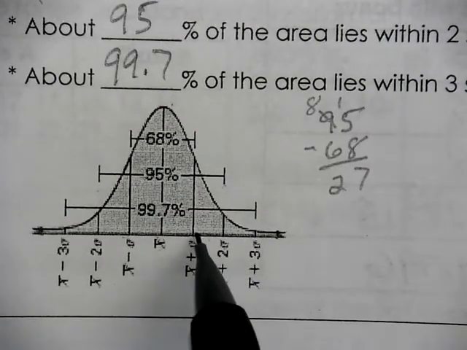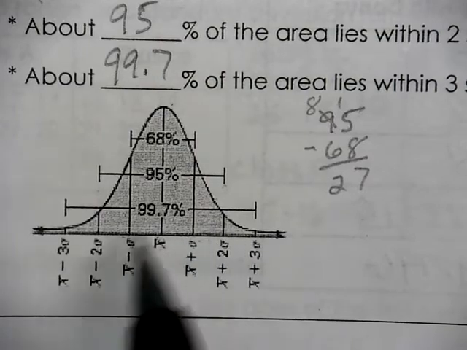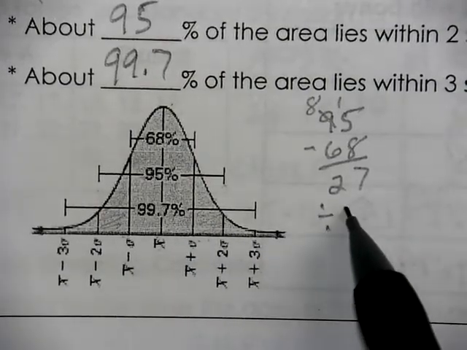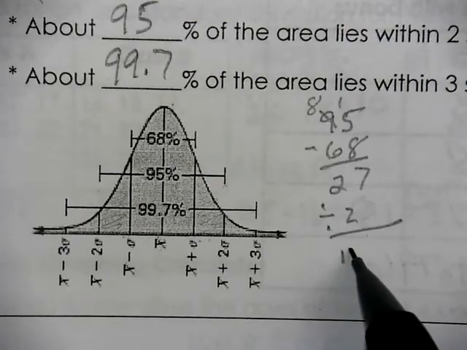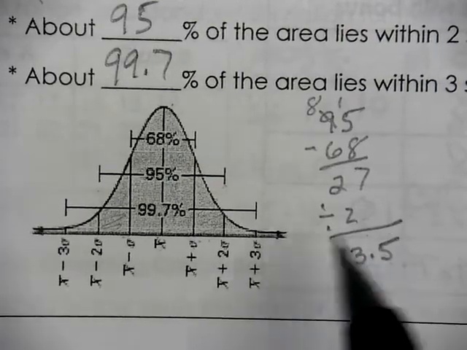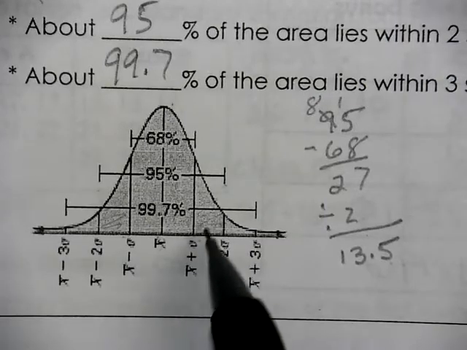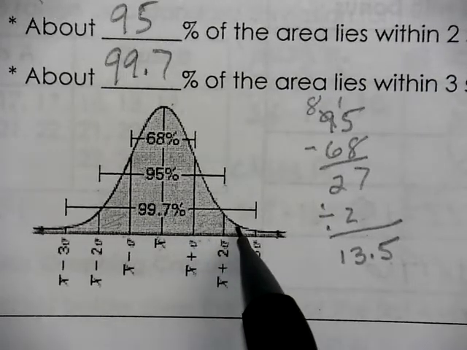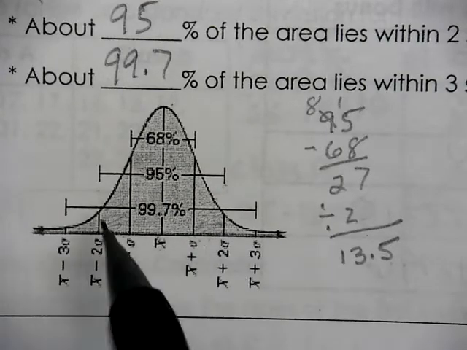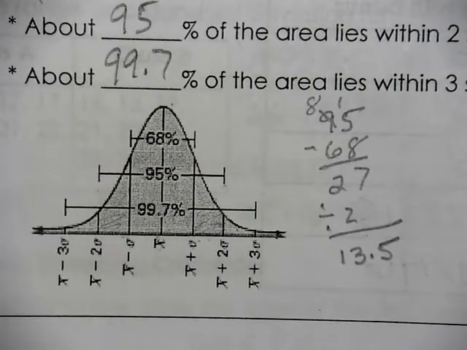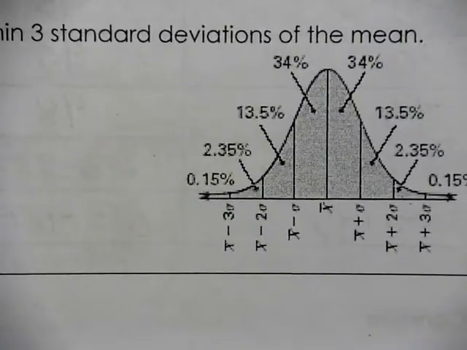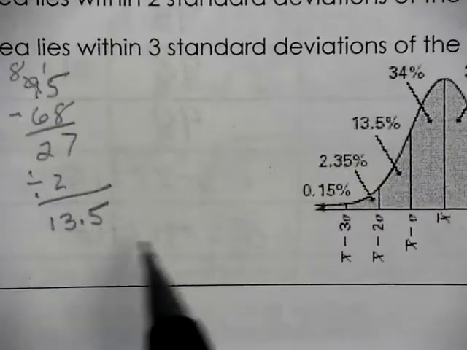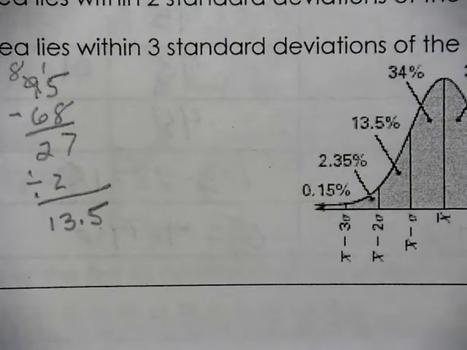Now if 27 is in this portion and this portion, we divide that by 2, and that's where we get our 13.5 between the first standard deviation and the second standard deviation on both sides. So just as the graph over here illustrated the 13.5, it's calculations like that that help us indicate.